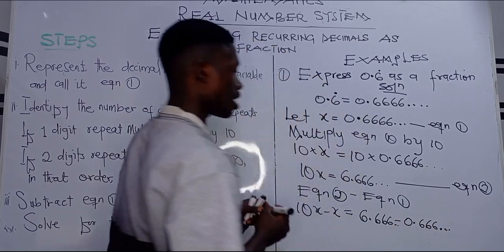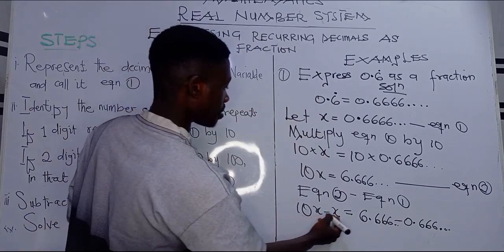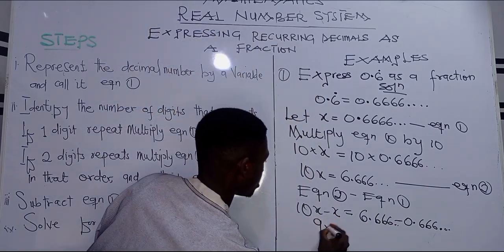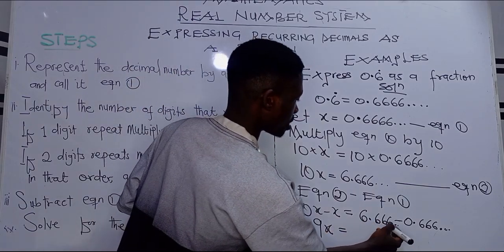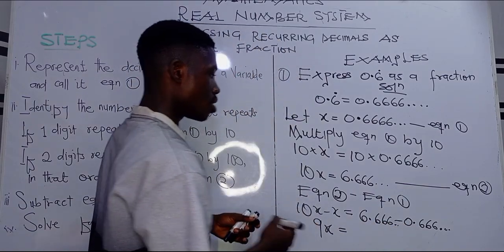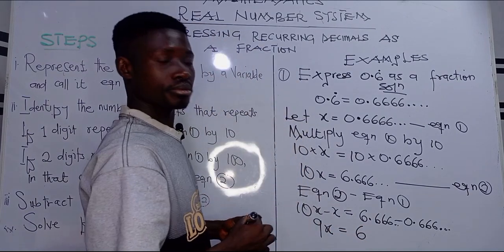Remember, they all run to infinity. So we have 10x minus x will give us 9x. Then we have 6.66 minus 0.66 will give us 6.